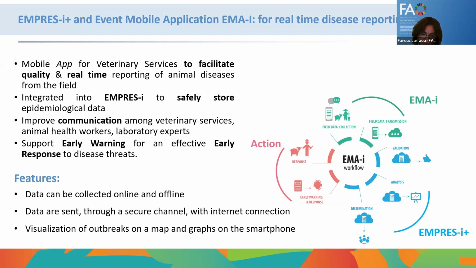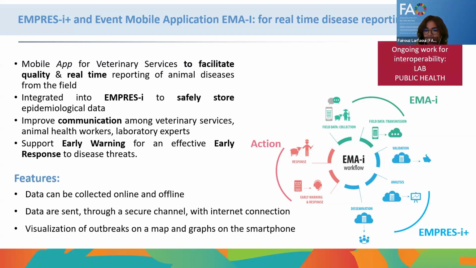In this case, it is to ensure that the information reaches the decision makers in the livestock sector, but also to share information with the public health sector, which is absolutely very important. FAO is supporting the veterinary services in the use and improvement of these tools, and in ensuring that they adopt a One Health approach.